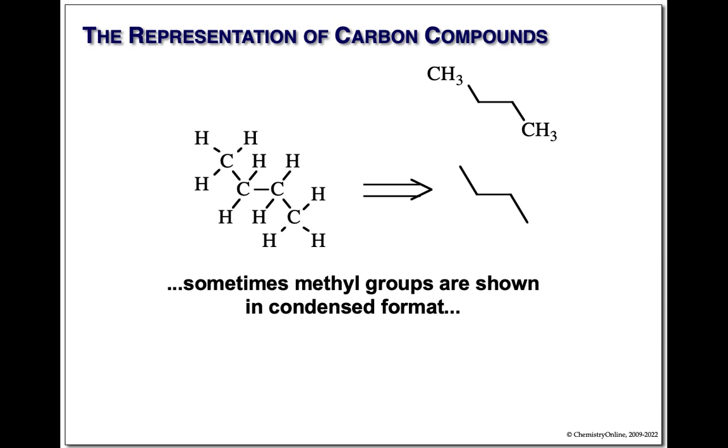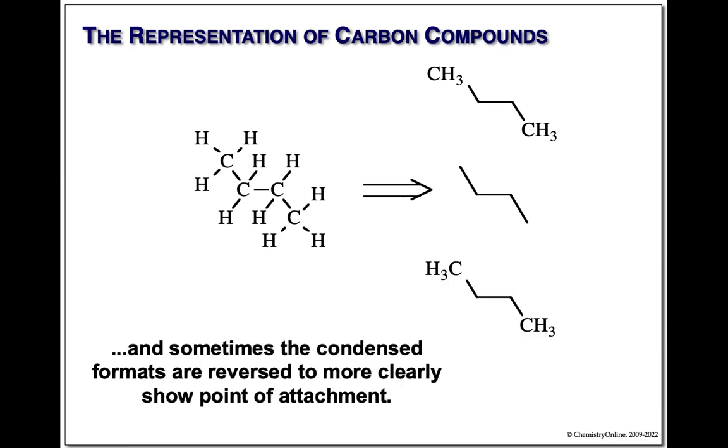Purists, however, look at this and argue that this kind of looks like the hydrogens here are bonded to the carbon. So quite often you'll see it reversed, so it's a little bit less ambiguous. You'll see every conceivable version of line structures if you do organic.